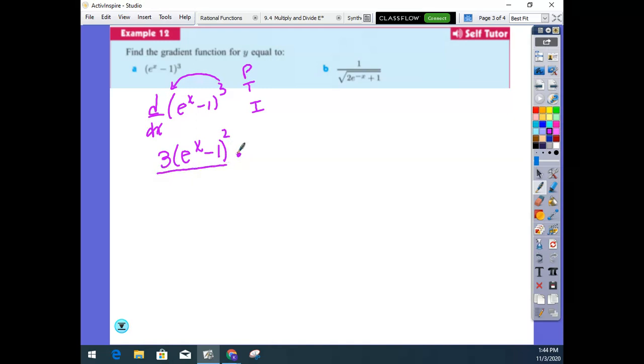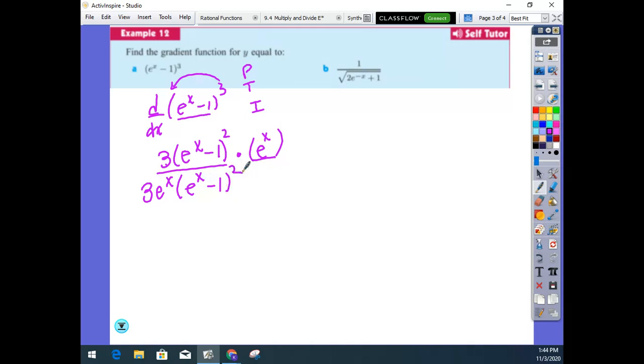Power, no trig, inside is just e to the x. You can leave it that way, or you can put the e to the x with the 3. These are both the same. Either way is fine.